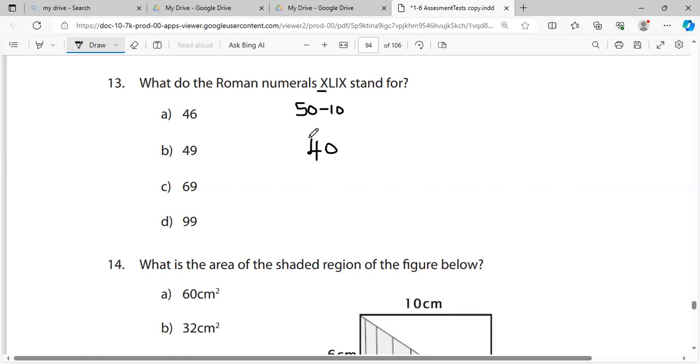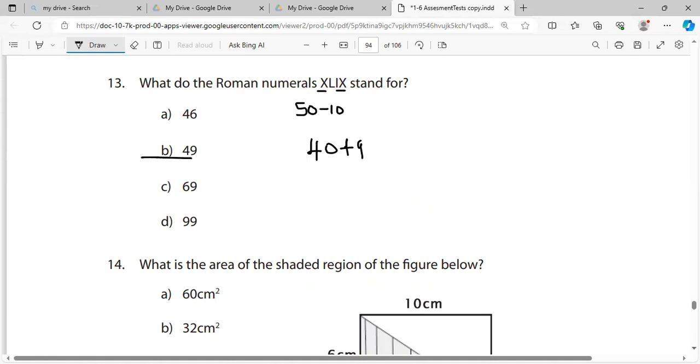Or is it 10, 40? Hold on, guys. If the smaller one is at the front, just subtract, like IX. So this is 9. So that would be 49. So this XL, 40, plus IX, 9, would be 49.